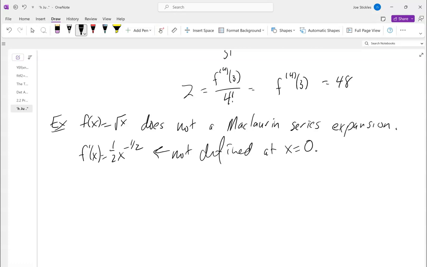You can also have a function that doesn't have a Maclaurin series expansion that actually you can differentiate infinitely without any issues. They're weird functions.